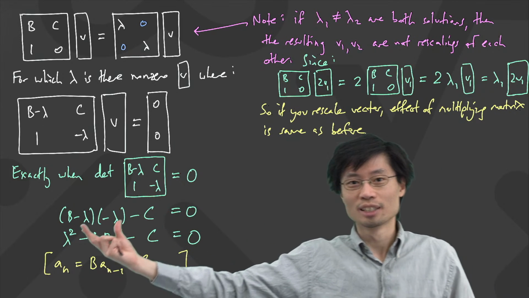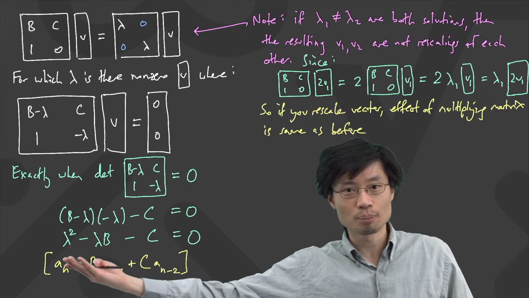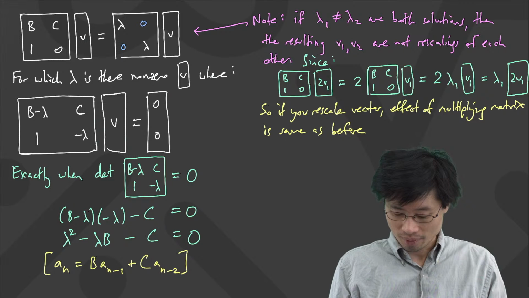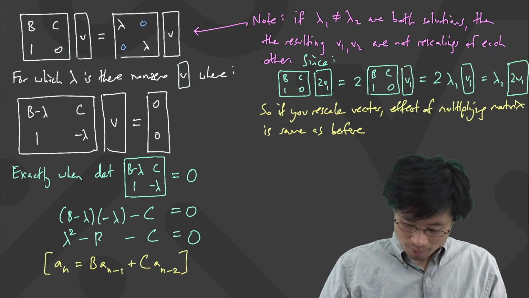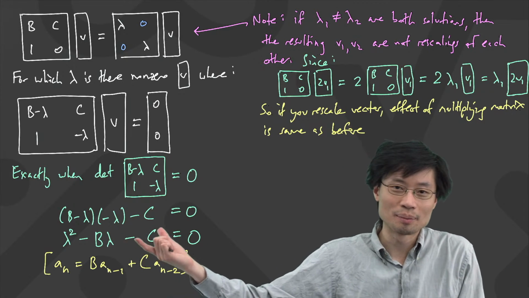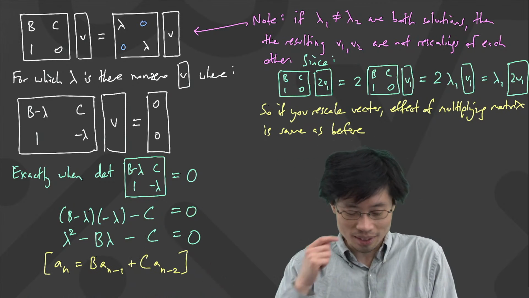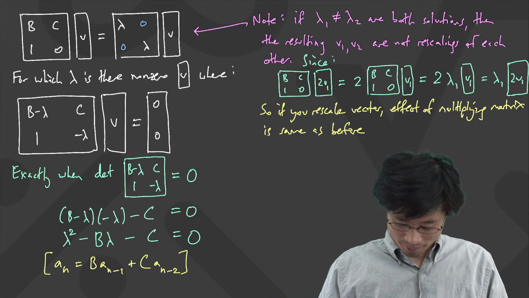But what if they're different? Suppose I found they're different, because we're about to get a big theorem. Suppose that this lambda squared minus lambda b minus c, I'm going to flip the lambda b. I want to call it b lambda, because now it looks more like a quadratic. It's the same thing. It's just lambda squared minus b lambda minus c equals 0. If that has two distinct solutions, then you're really happy.